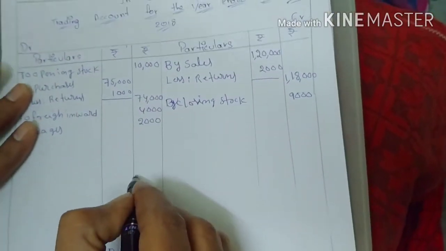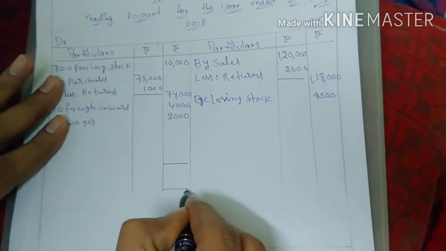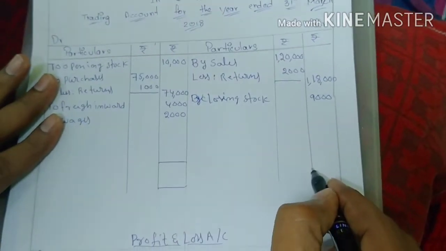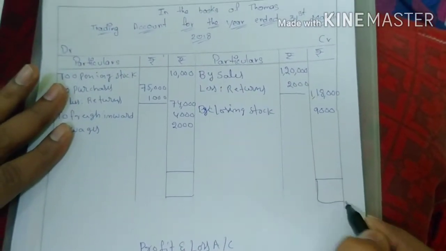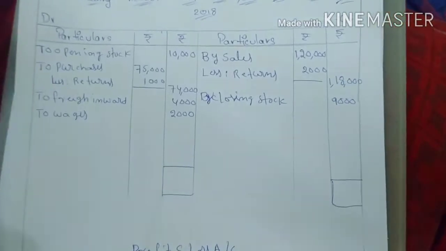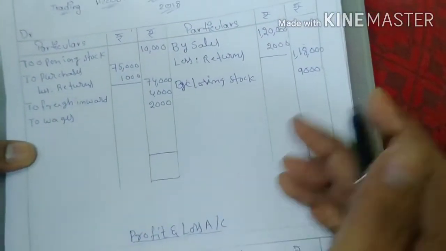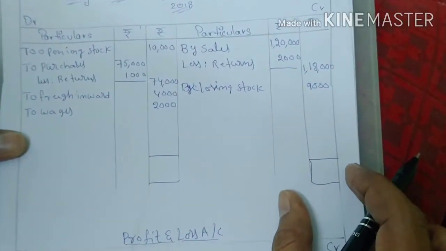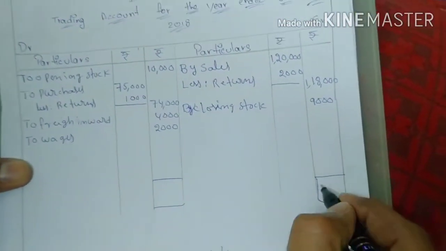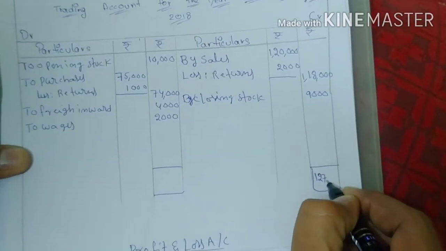Next, in the ledger also we need to post both the totals roughly. So the total of the credit side is 1,27,000.